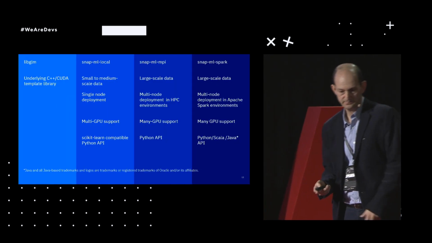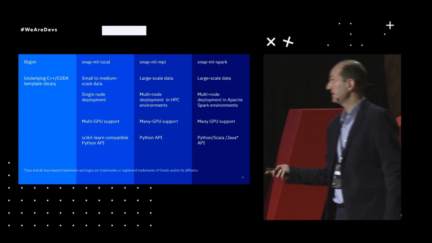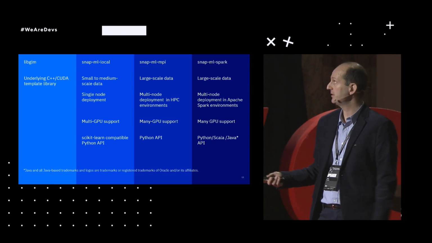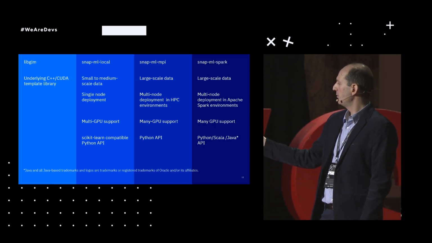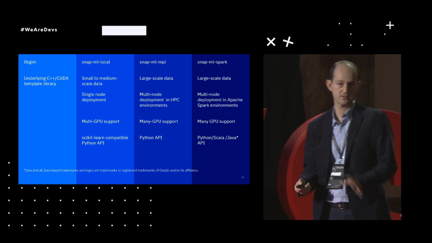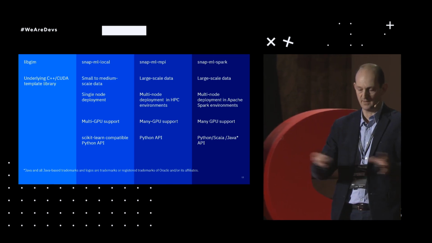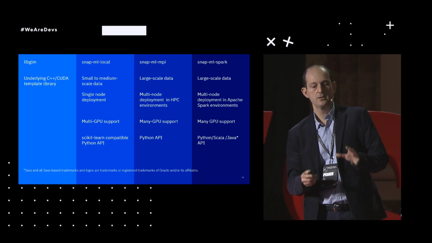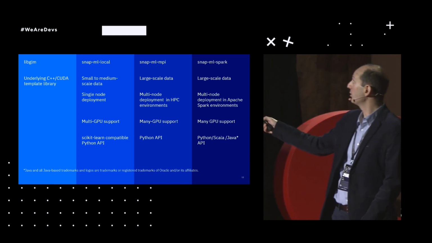These are the elements that give us the big performance gains. Here I have a slide that shows the different APIs that we have today in this library. So we have a C++ CUDA template library that gives us the high performance. This is basically the core. And around it, we have different APIs. We have an API we call local.